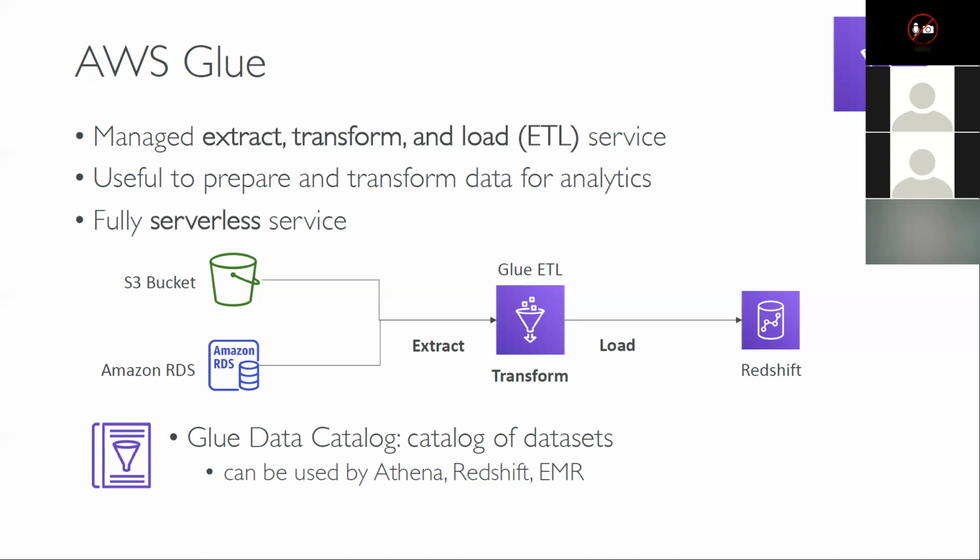You could be using the Lambda version. Glue can be stored in a bucket or in a database. Source data could be from a bucket or database. Then extract, transform, load to Redshift. Glue data catalog of databases can be used by Athena, Redshift, and EMR.